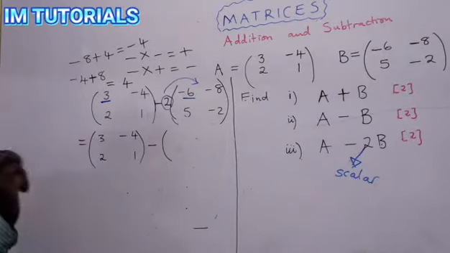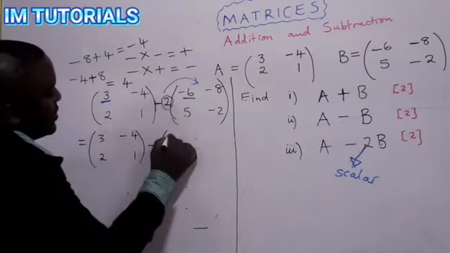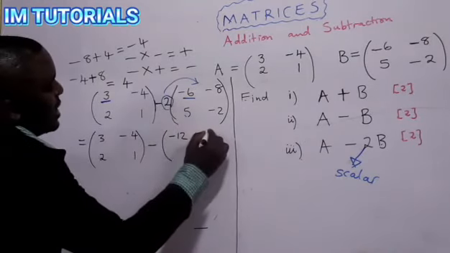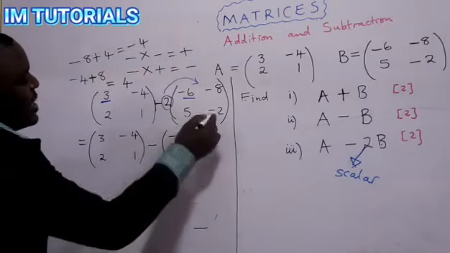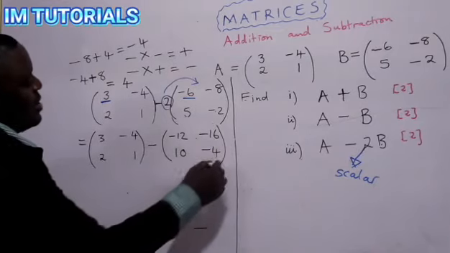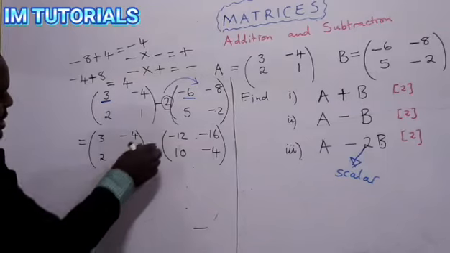So you just take 2 without taking the negative sign. So 2 times minus 6, you get minus 12, right? 2 times minus 8, you get minus 16. 2 times 5, you get 10. Then 2 times minus 2, you get minus 4. So you just take the 2 only, ignoring the negative. The negative is left out in the middle.